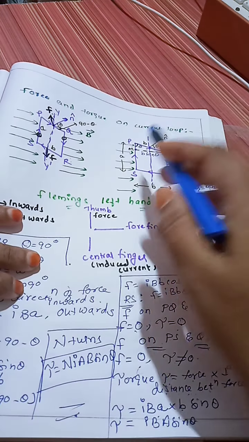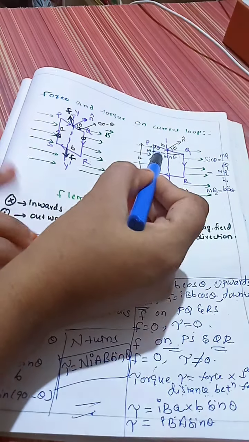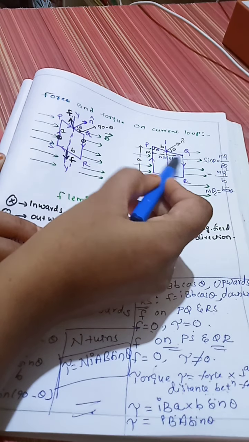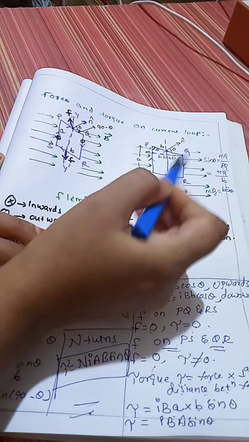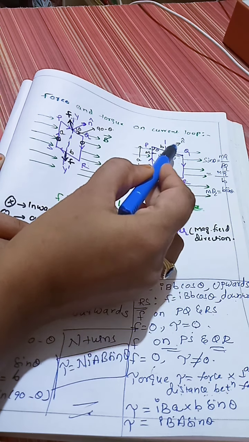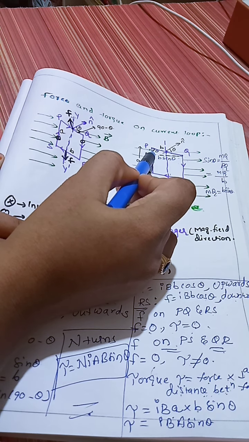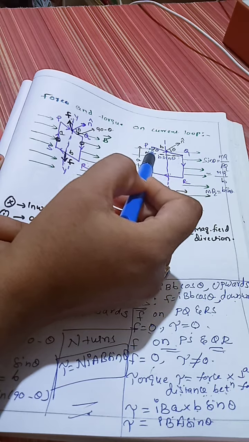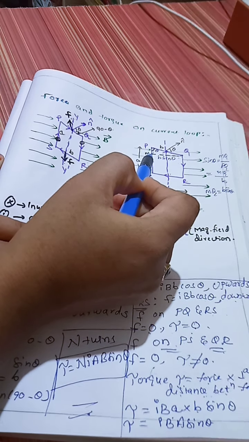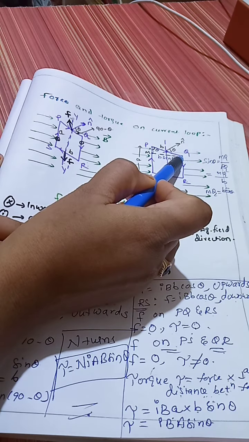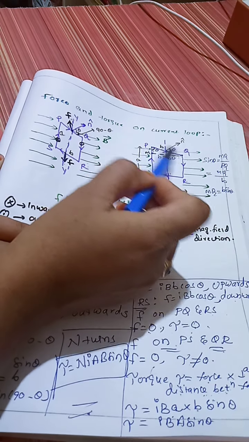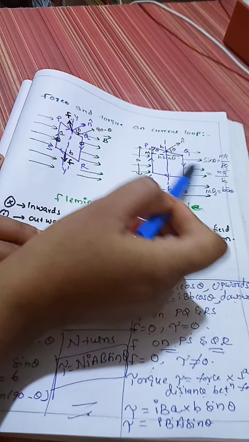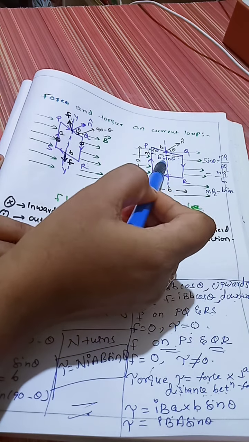So for that, let us draw dotted lines from PS to QR. This indicates the perpendicular distance between the PS and QR faces. Now as the angle is theta, here also the angle will be equal to theta. We know that sin theta is the opposite side MQ by PQ, where we place a point M here. PQ is nothing but what we took as B. So MQ, the perpendicular distance between PS and QR, will be equal to B sin theta.